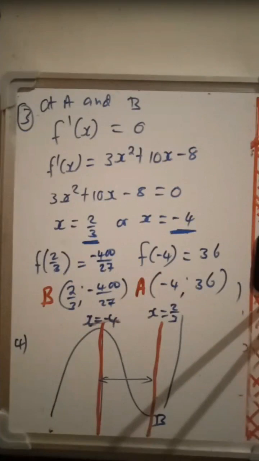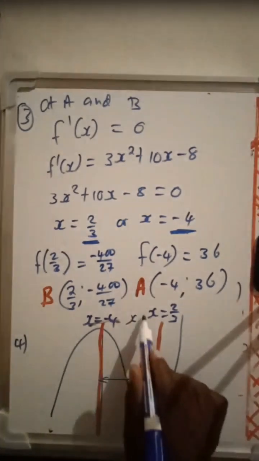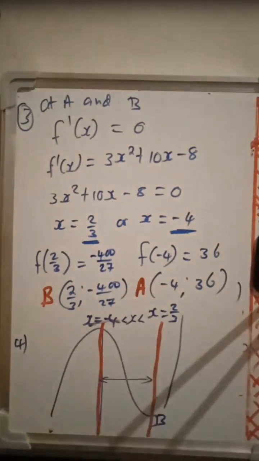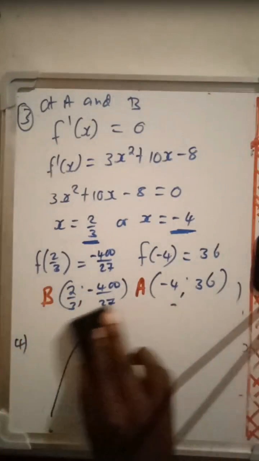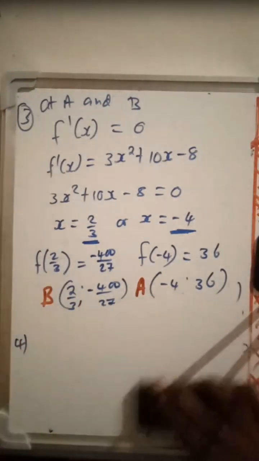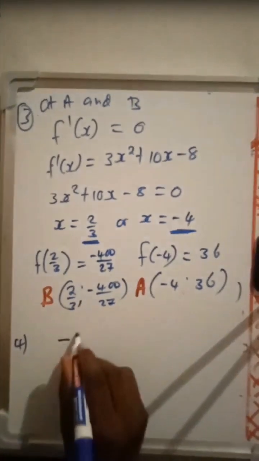From our inequalities, let me just write it properly. So we have decided it's decreasing between negative 4 and 2 over 3.